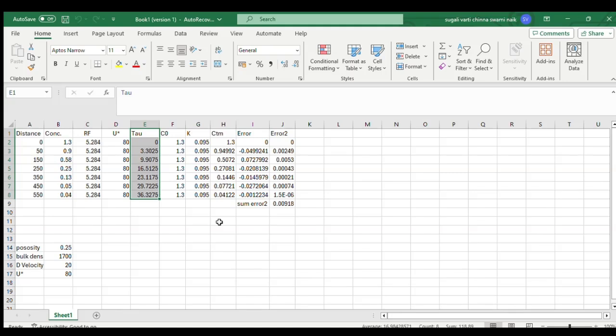So we have to calculate the tau value for each concentration.